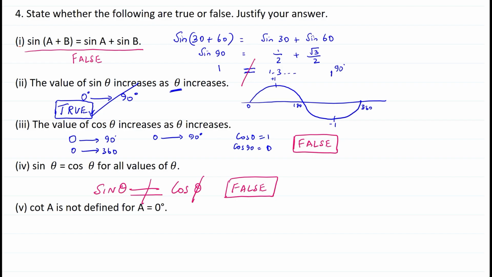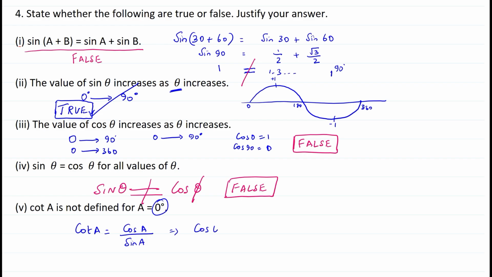Now let's see the last part of the question. The last part is: cot A is not defined for A equal to 0 degrees. So, what is cot A? Cot A is basically cos A by sin A. Now here the A value is given as 0.